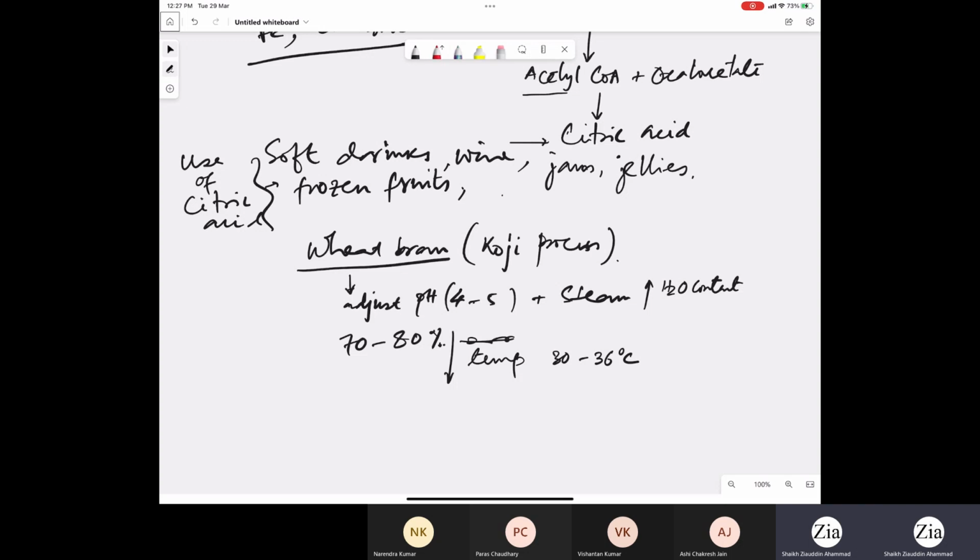Now, this solid wheat bran has already got a lot of moisture, and you have also reduced the temperature.